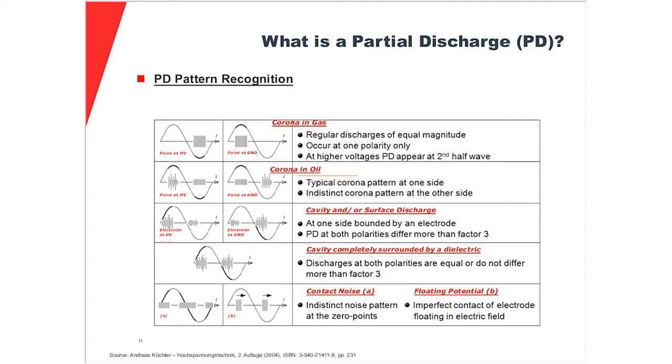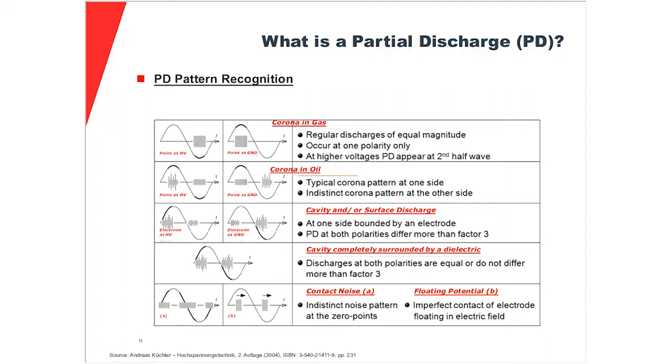You see here, just try to classify very typical partial discharge to see how we can categorize them in the so-called phase-resolved PD pattern. So you see as an example corona in gas. You see here the pattern, if it is on the high voltage side, in the negative half cycle from the sinusoidal wave, and opposite if it is on ground.